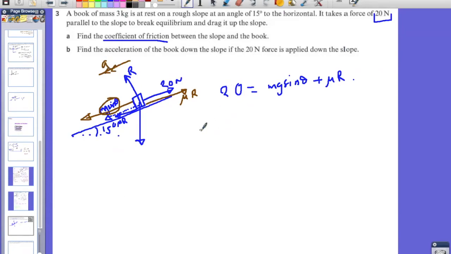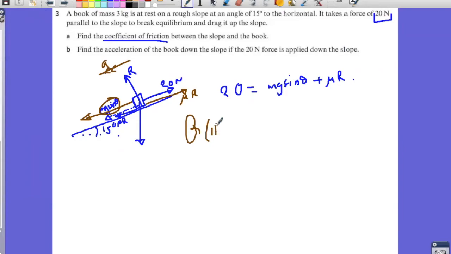So now again, you resolve parallel to the slope. This is your 20 newtons.